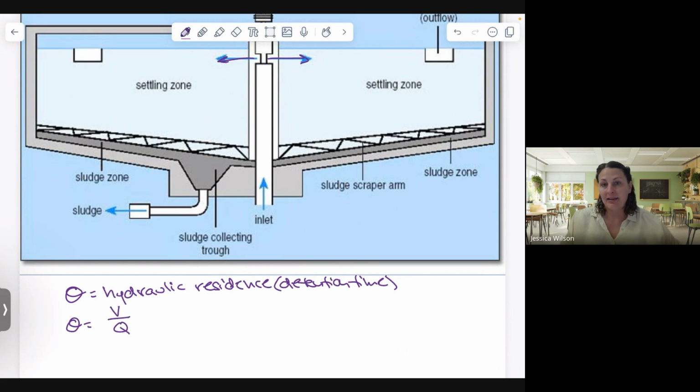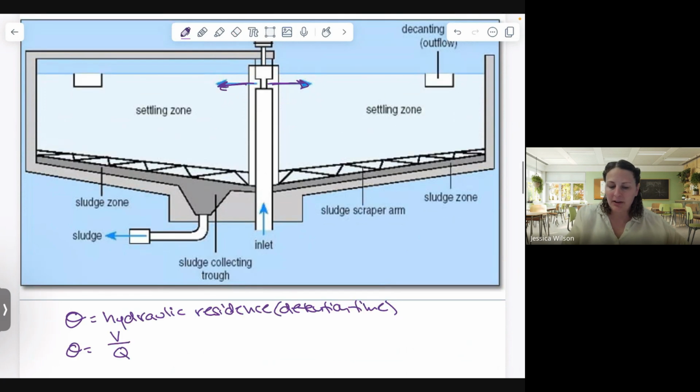Okay, and well, how do we know whether or not these particles are settling? Okay, well, if we think about how this settling tank works, we have these particles coming into our tank, and these particles are not just going to drop straight down. That's not how it works because our water is continually flowing through this tank.